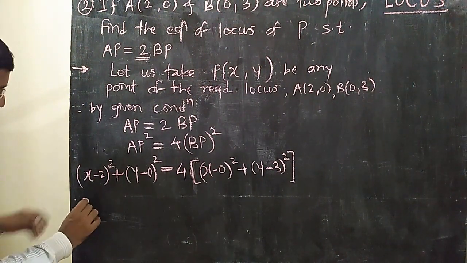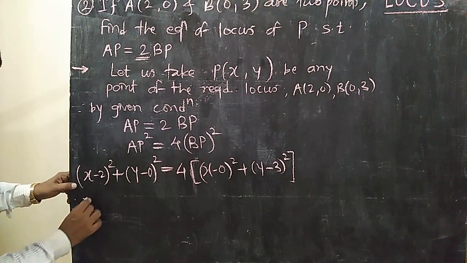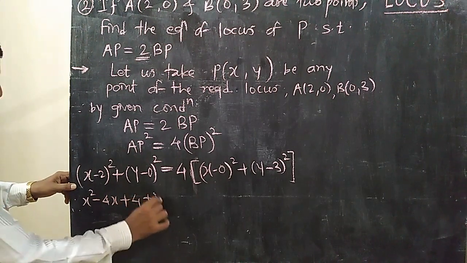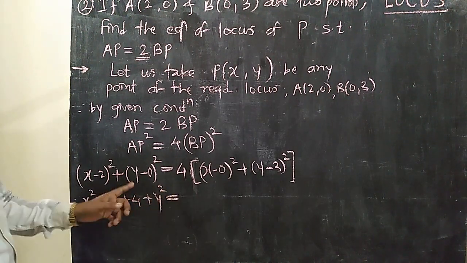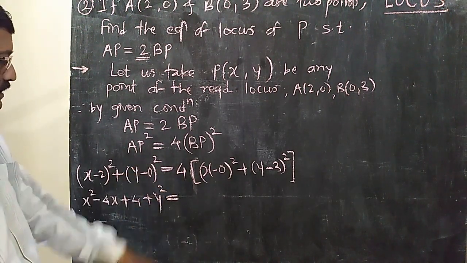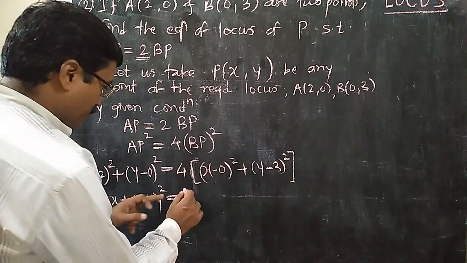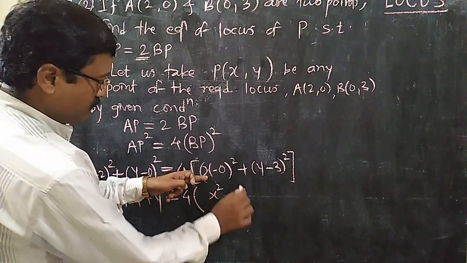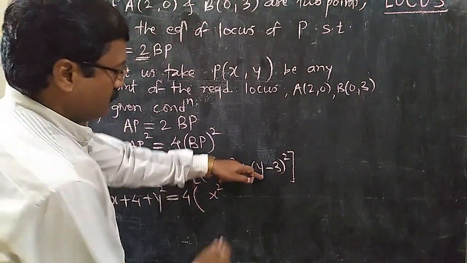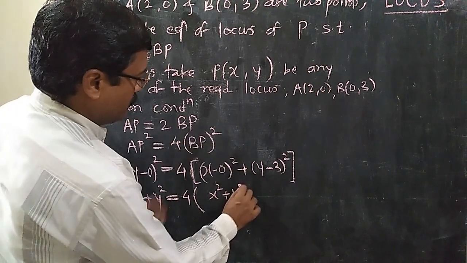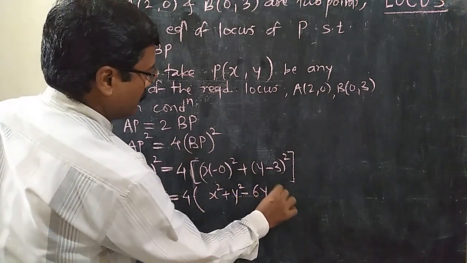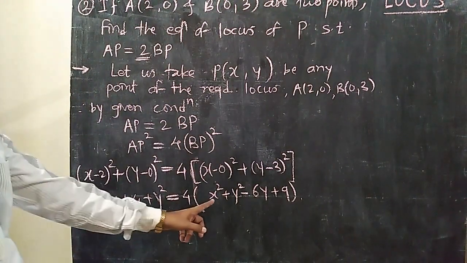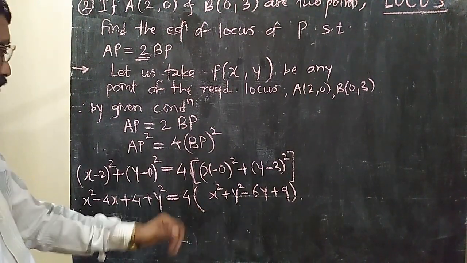Let us simplify this now. After simplification we get x square minus 4x plus 4 plus y square, because y minus 0 is y, and its square is directly y square. Here 4 times means 4 in bracket, this is x square only, because x minus 0 is x. This gives us y square minus 6y plus 9. Here it is not a single x square, it is 4 times x square.